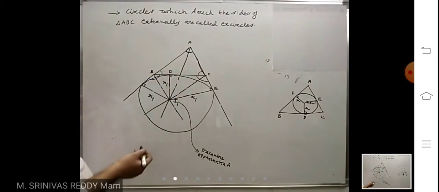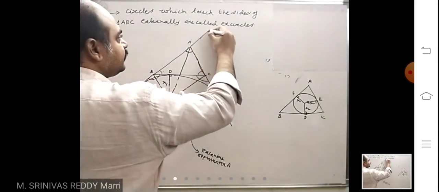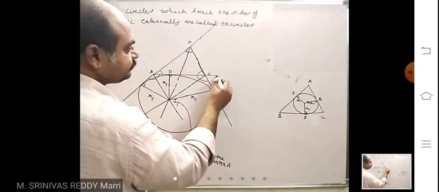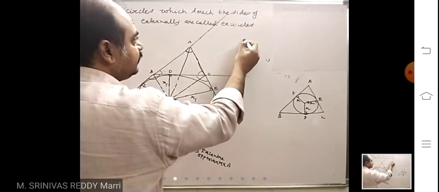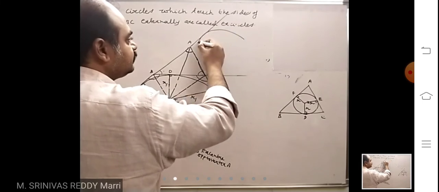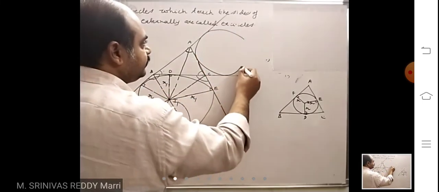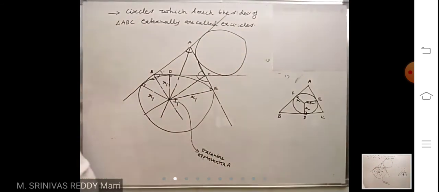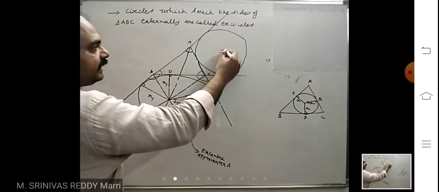Similarly, opposite to vertex B, like this it will be there. Extend these sides. There will be a circle which touches all the three sides, and its center is called I2.